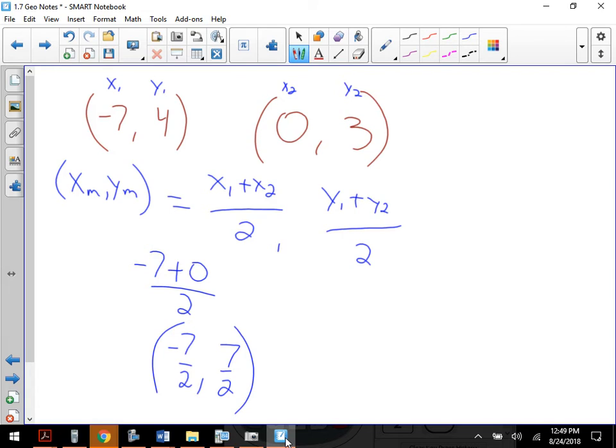Anyway, so finding midpoints just means you're taking the average of your x values, you're taking the average of y values. Put them together, cut it in half.